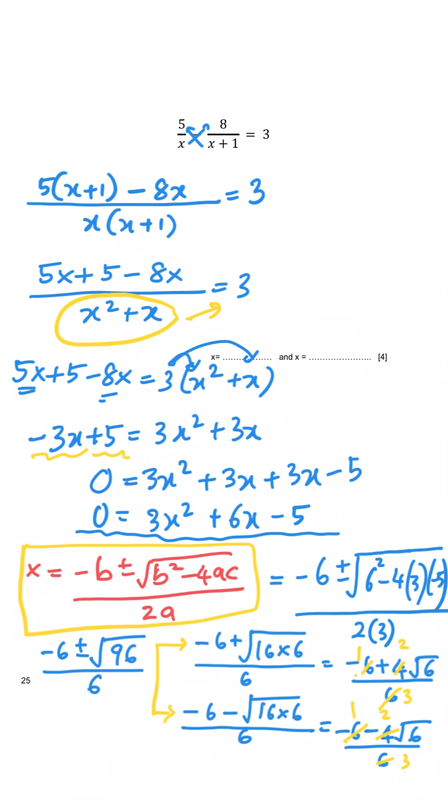It will be negative 1 plus 2 surd 6 over 3, and then the other one negative 1 minus 2 surd 6 over 3. Alright, so 6 over 6 for the first part produces 1 here. Yeah, okay, so that's why we only have the other one.